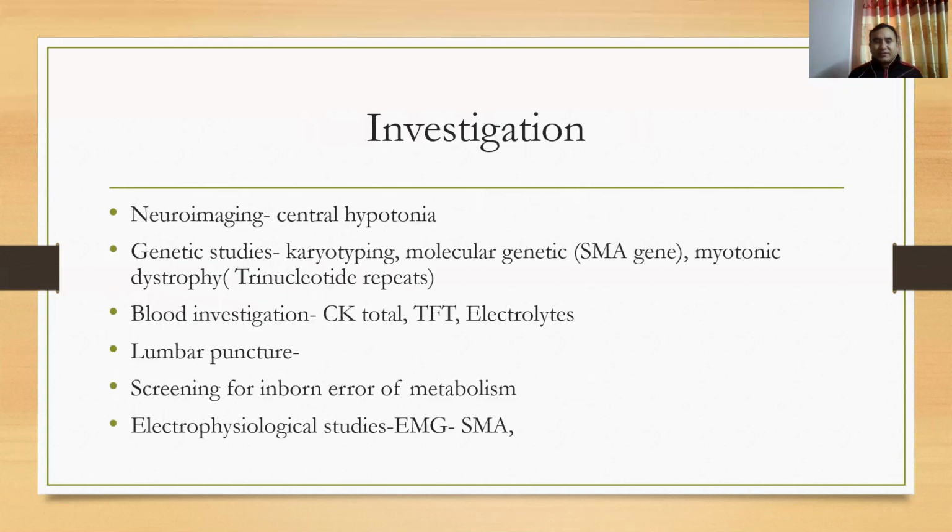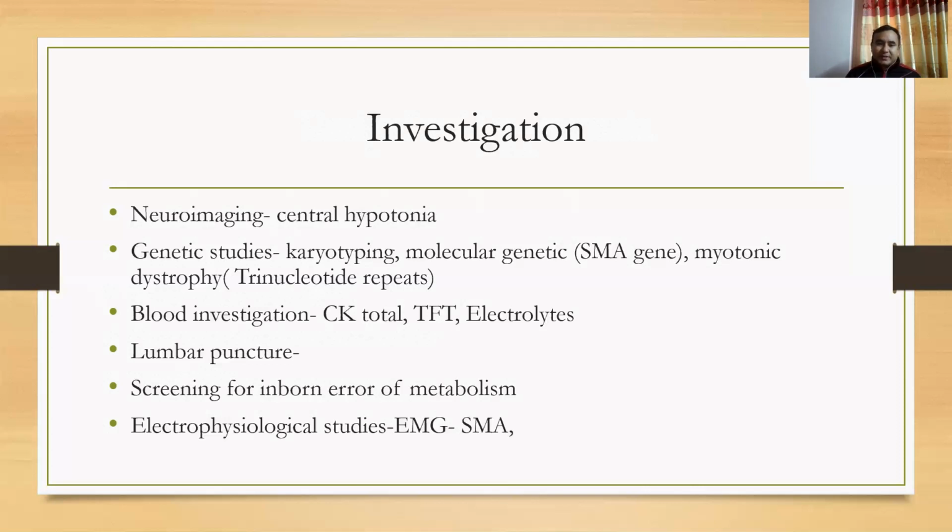Regarding the investigation, after taking the history and examination properly, and after differentiating whether it is central or peripheral hypotonia, if we think it's central hypotonia, then we need to do neuroimaging, preferably MRI, because it can show the different causes of central hypotonia. MRI can give us evidence of hypoxic ischemic encephalopathy, other structural abnormalities, or brain hemorrhage.